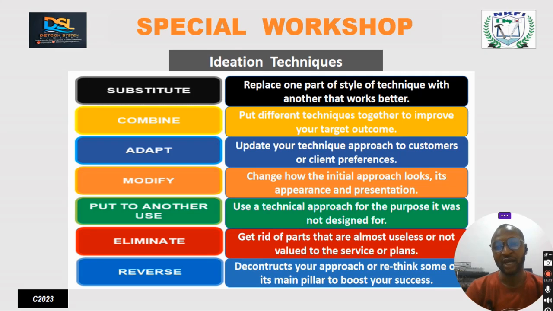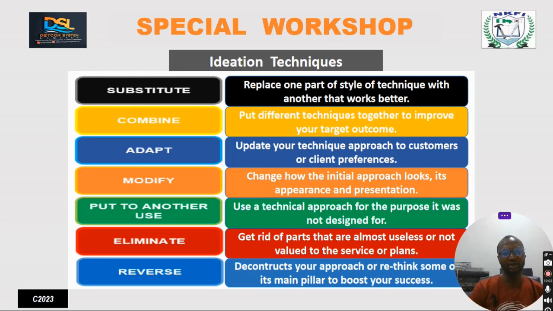Now we have substitute. You replace one part of a style of technique with another that works better. You have a series of ideas running. You put them together, you visualize it, you put them together in a particular place.